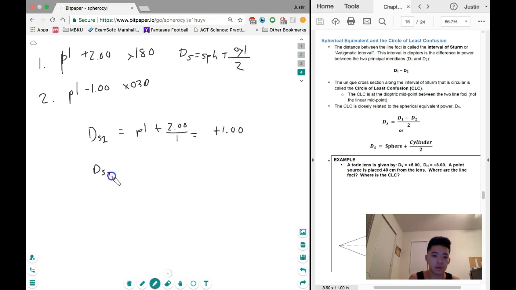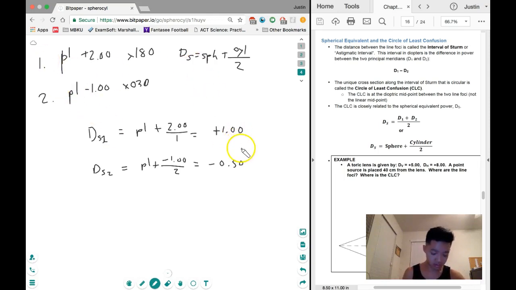And then you get the same thing for the second, you get minus 0.5. So DS1 is the spherical equivalent of the first prescription.